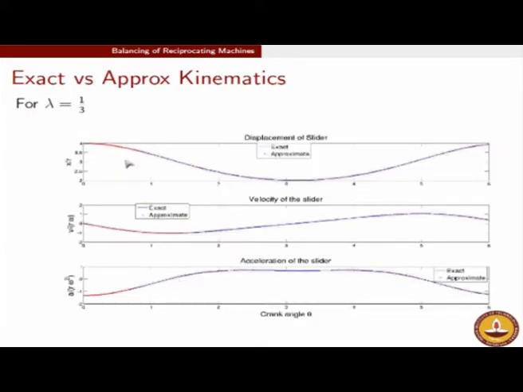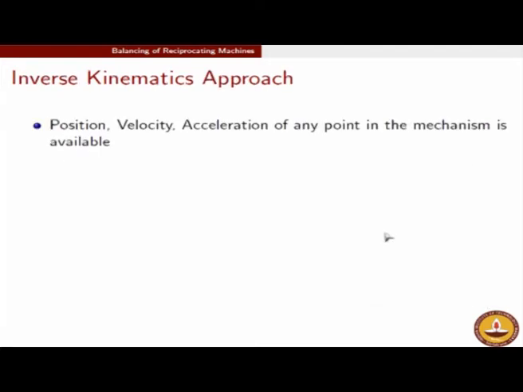To demonstrate the accuracy, I have plotted in this slide the comparison between the exact analysis without any approximation in blue, and in red dots the approximate analysis for a lambda value equal to 1 by 3. As is borne out through this result, the exact and approximate analysis give us fairly the same results.